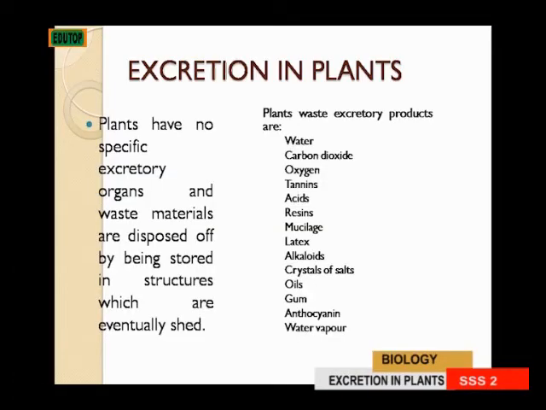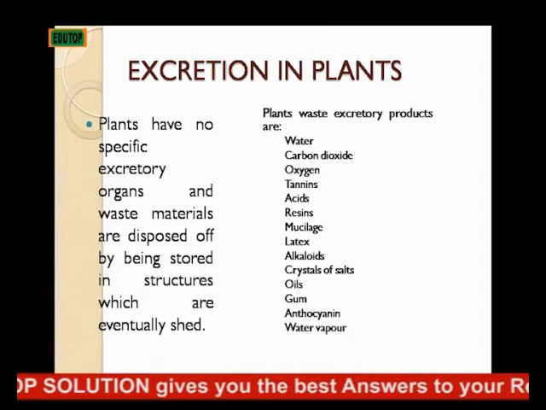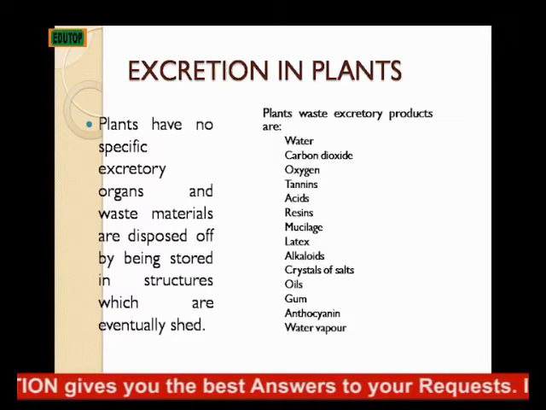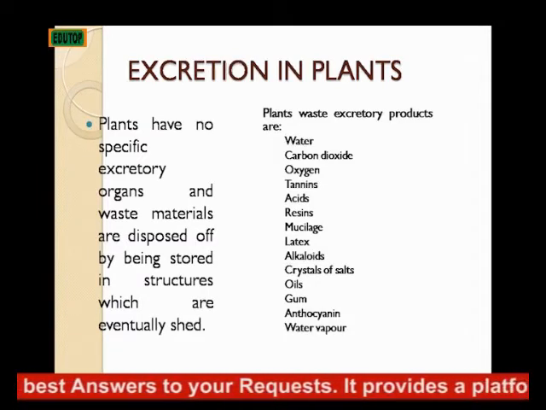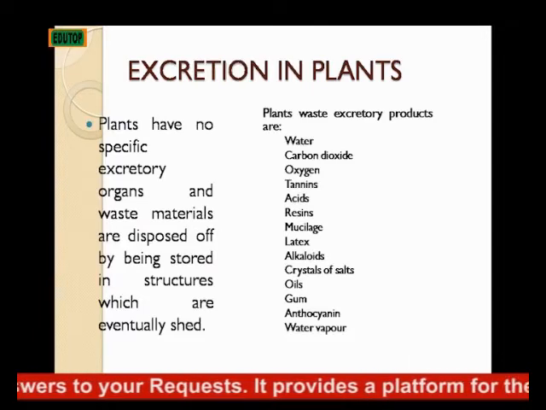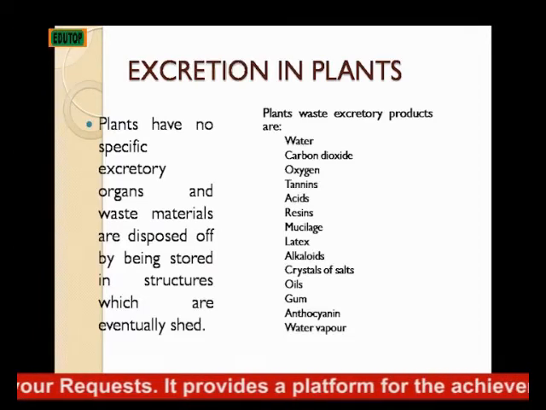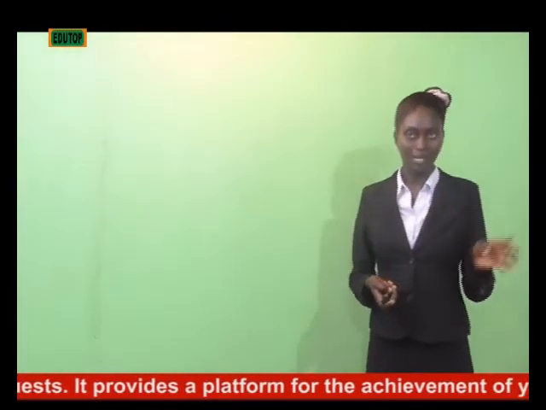Plant waste excretory products include water, carbon dioxide, oxygen, tannins, acid, resins, mucilage. You have latex, alkaloids, crystals of salts, oils. You have gum, anthocyanin, water vapor. So those are excretory products in plants.